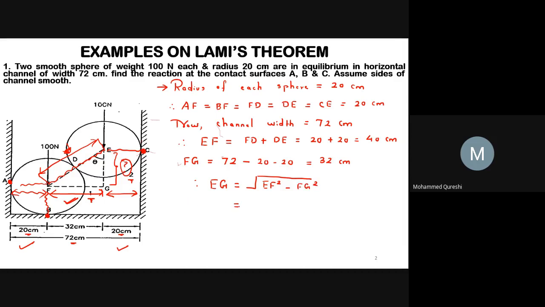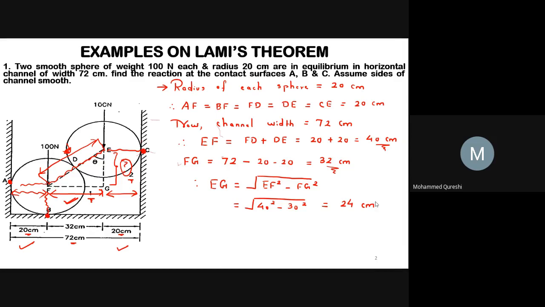The value of EF we calculated as 40 centimeter. So under root of 40 square minus 32 square, you will get the value of EG as 24 centimeter.